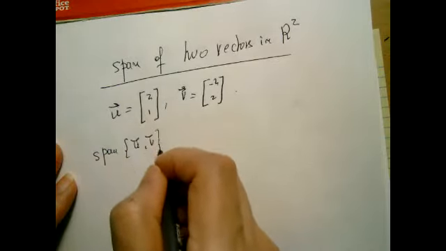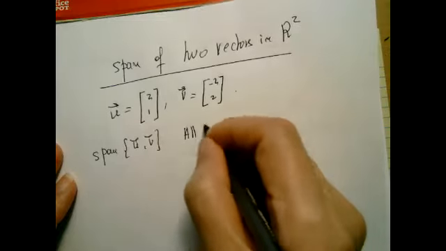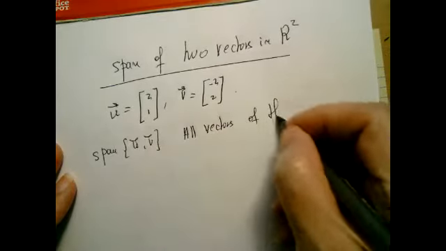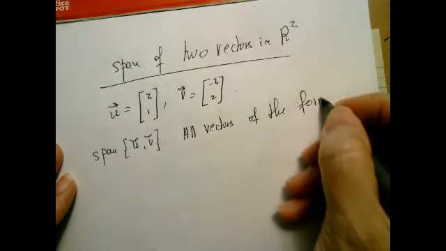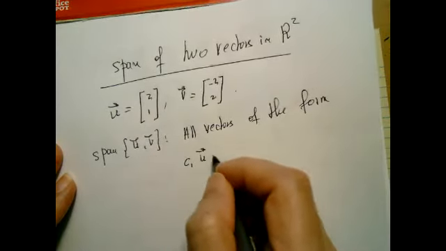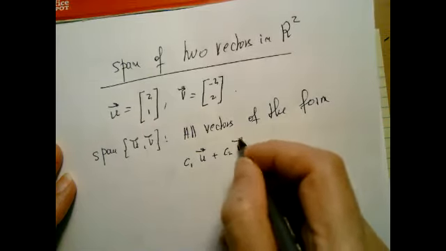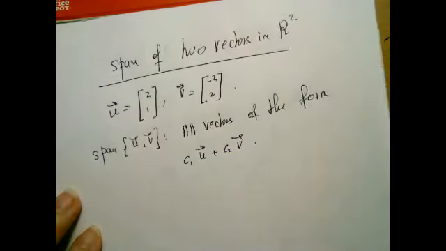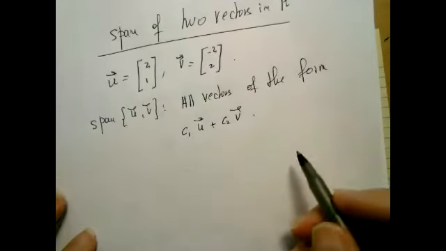The definition is all vectors, not one, not two, infinitely many of the form: some certain weight you put on U plus another weight you put on V. Everything of this form. Okay, and that's really what the problem we did at the beginning.